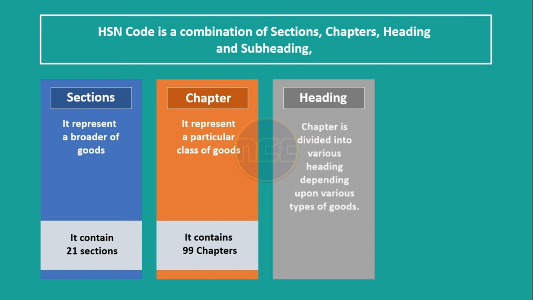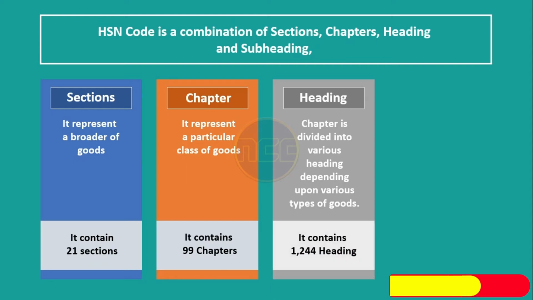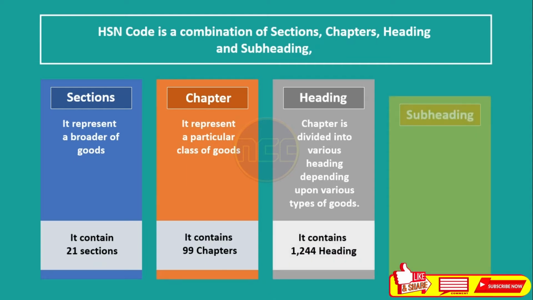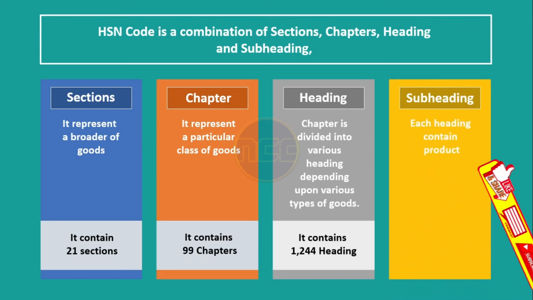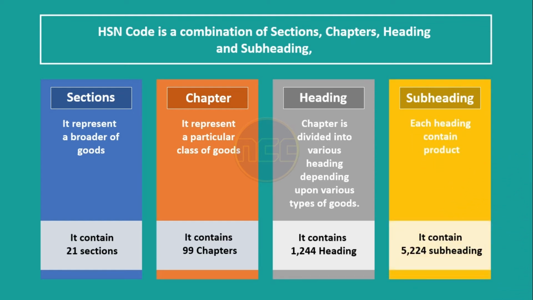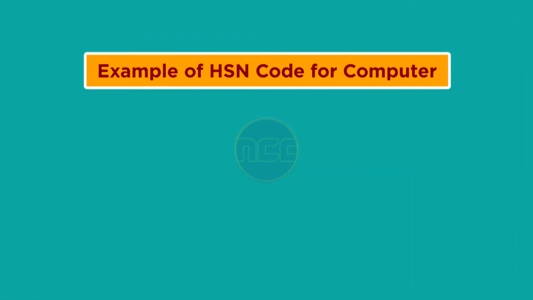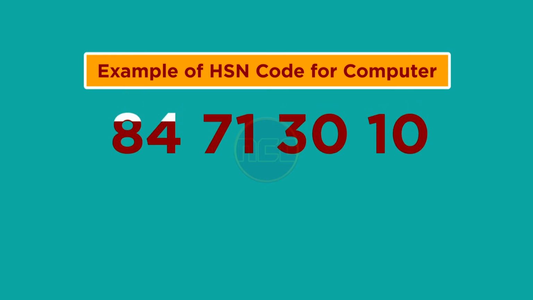Chapter is divided into various headings depending upon various types of goods and it contains 1244 headings. Subheading. Each heading contains products. It contains 5224 subheadings.